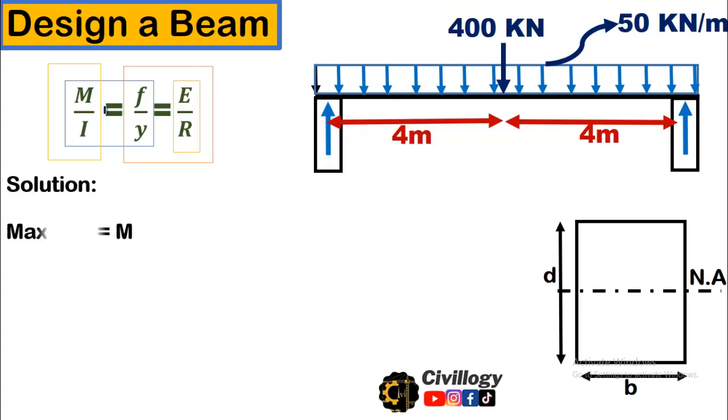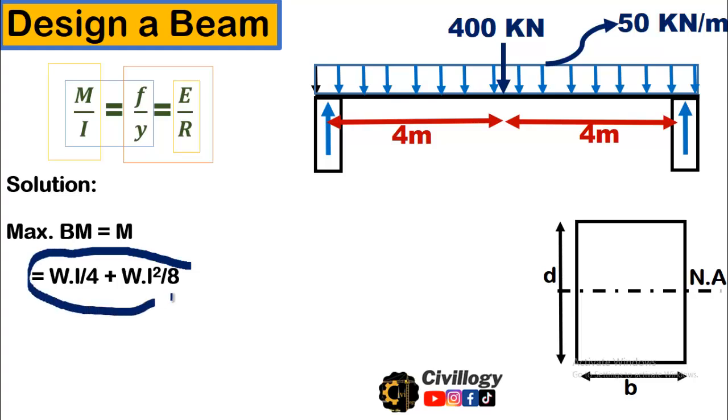Okay, first of all, we will have to find maximum bending moment. As I told you in the start of the lecture, for point load it is WL by 4, and for UDL it is WL square by 8, and this beam is subjected to both point load and UDL. So the maximum moment will be equal to the sum of both.